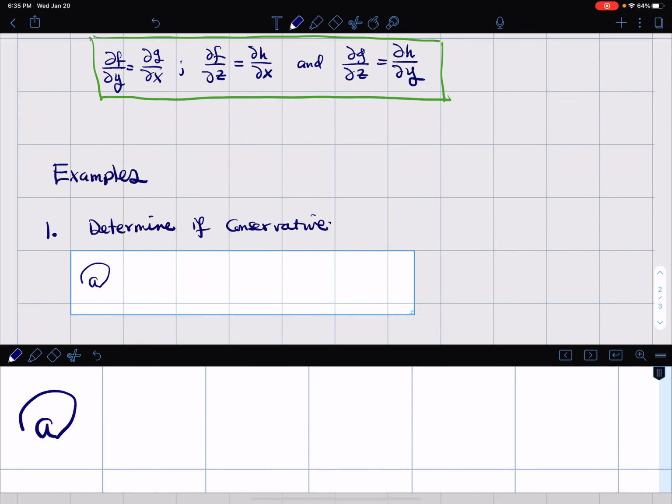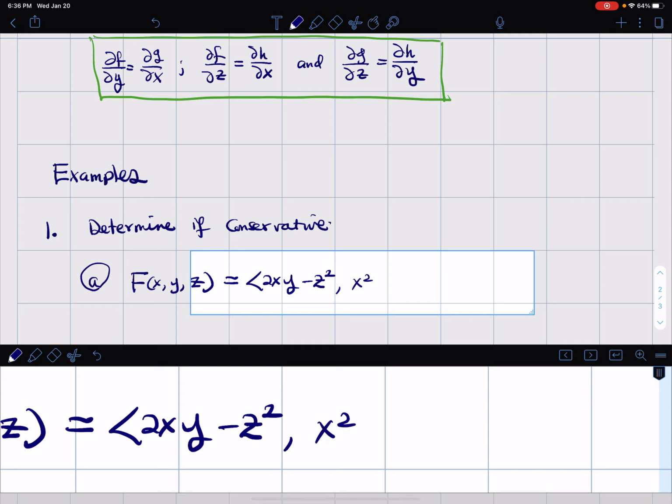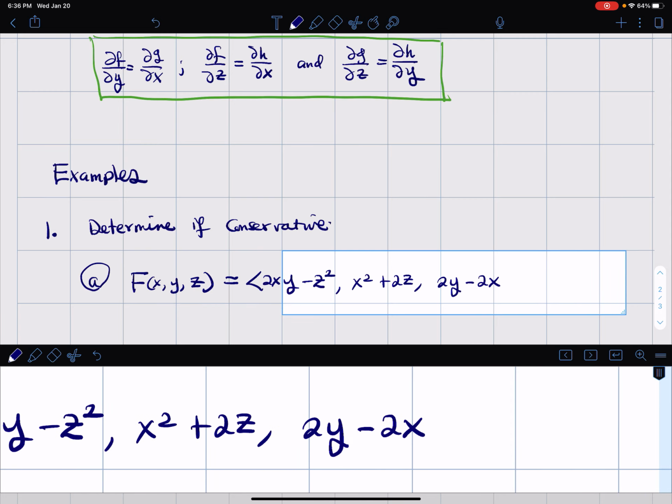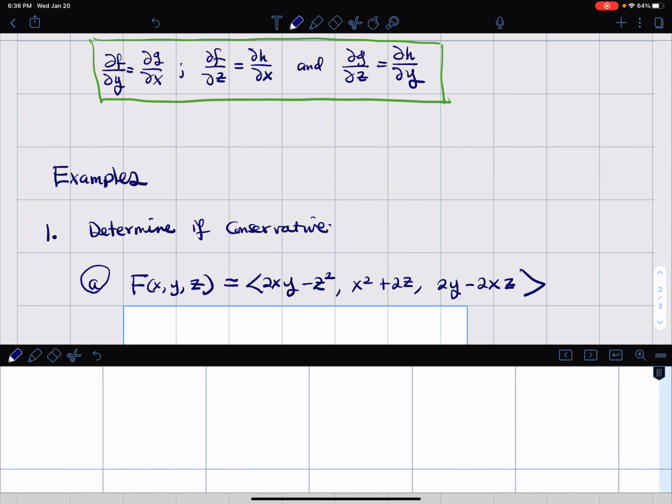The first one is the vector field F of x, y, z, which is 2xy minus z squared, then x squared plus 2z, and then 2y minus 2xz. So we need to check a bunch of things. We need to check df/dy, and we also need to check dg/dx.